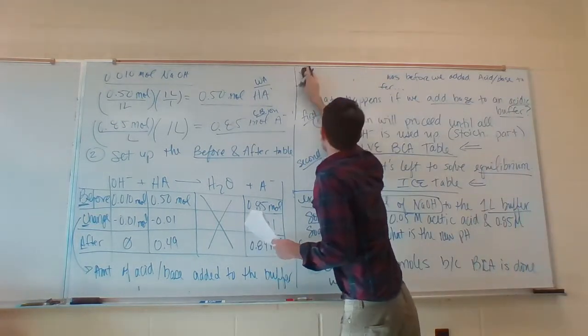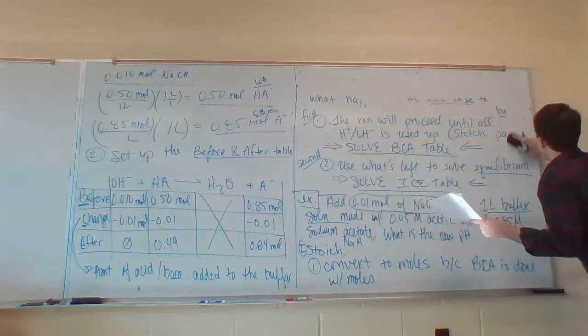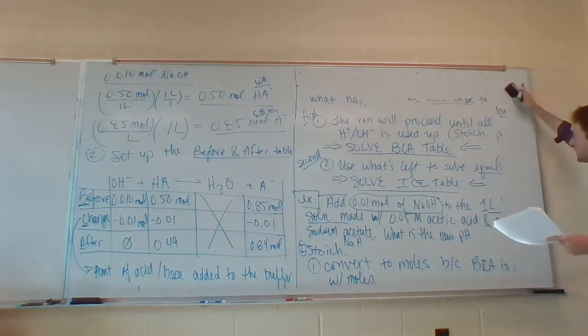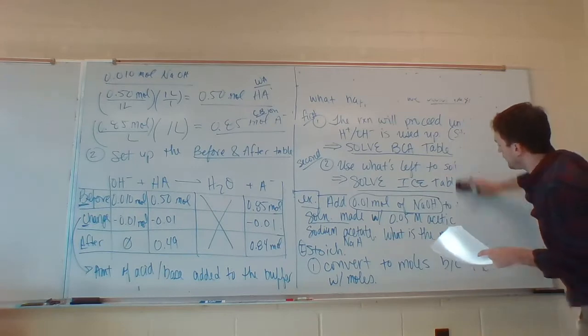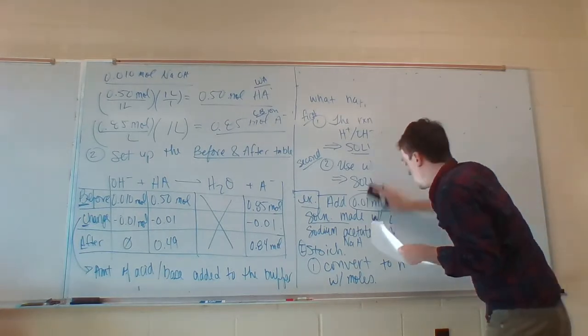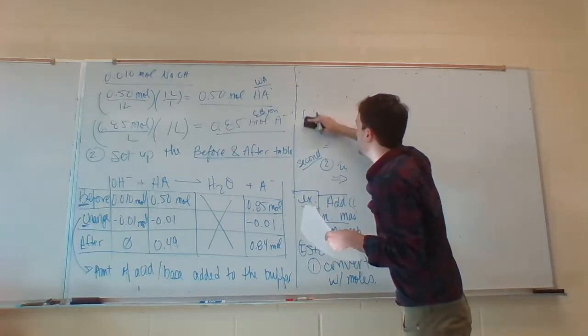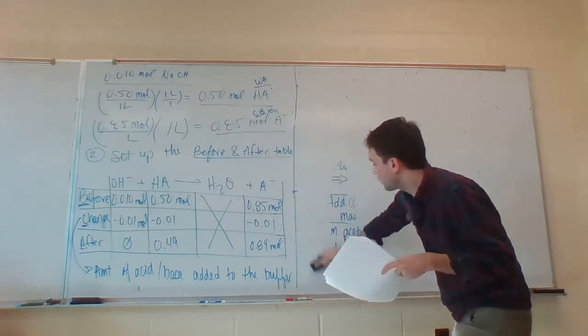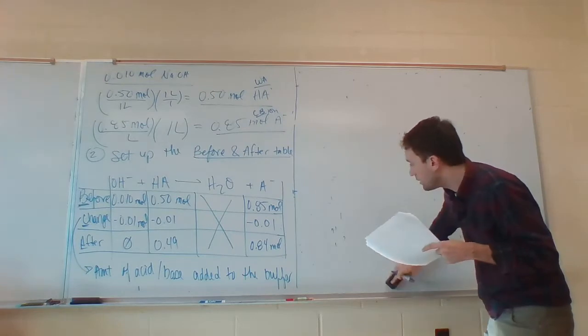Okay? So now we've done our reaction, and we assumed that it went to completion, but we know that not all reactions go to completion, or there's some sort of equilibrium that's going to push us either forward or backward, depending on where we are.